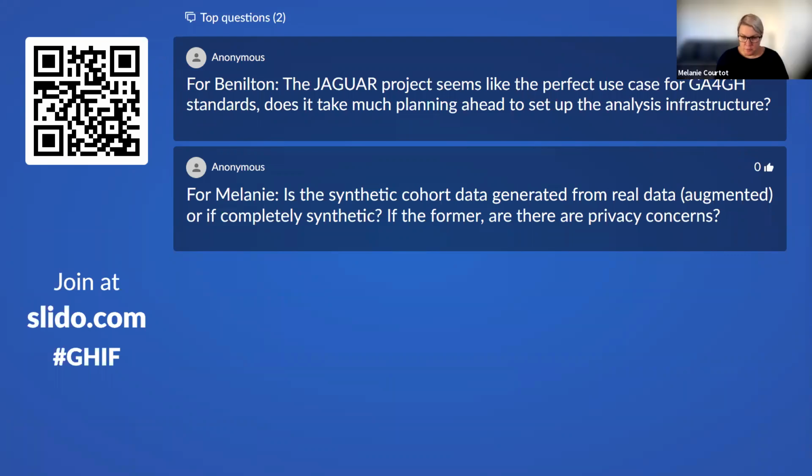It's a great question. I will put a link to the specifics of the synthetic data generation in the chat for everyone. The answer is that it's somewhere in between, in that it's coming from real data, which was processed using specific tools, different tools by different cohorts. The one I'm most familiar with is the TOFU tool, which was used by my team for the UK Biobank.